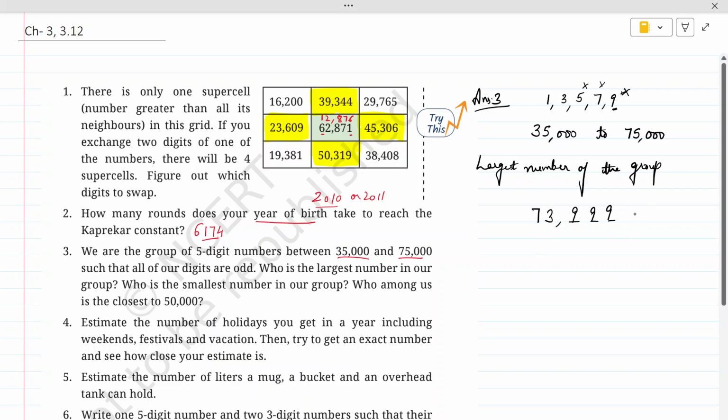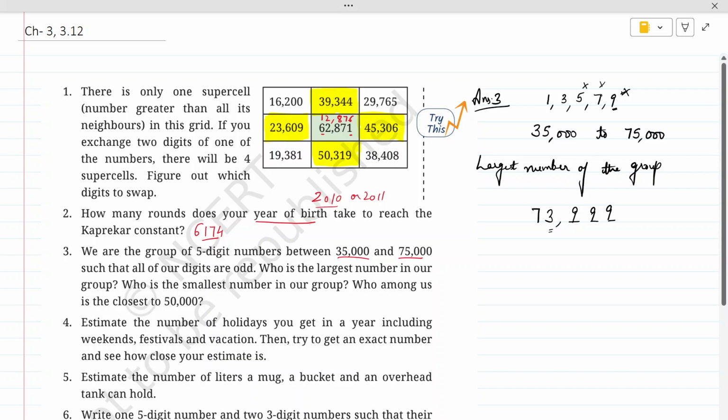What have we done? We have to find the largest number falling in this range. I cannot make a 5-digit number starting with 9 because it will go out of 75,000, which is not permitted as per our question. So I'm starting the number from 7. For the second digit, I cannot take 9 because 79,000 will be greater than this.